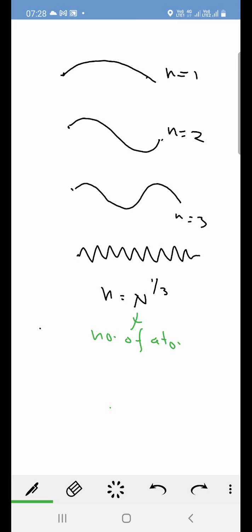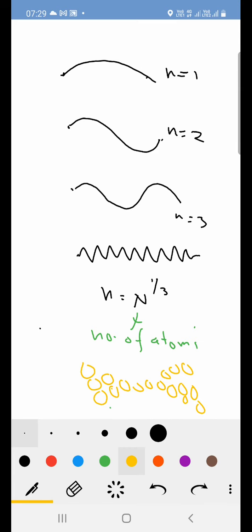atoms. So in the gold junction, if you draw the gold junction, the phononic transfer will depend on the nodes, or the energy of the phononic transfer.